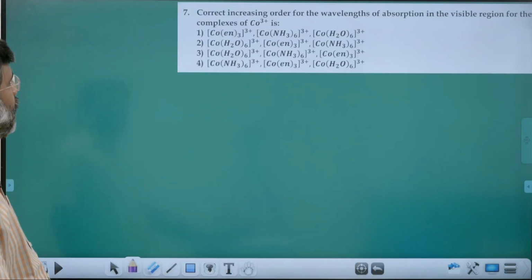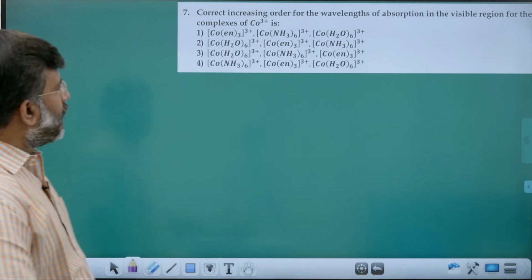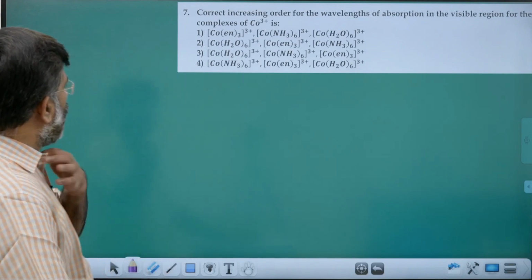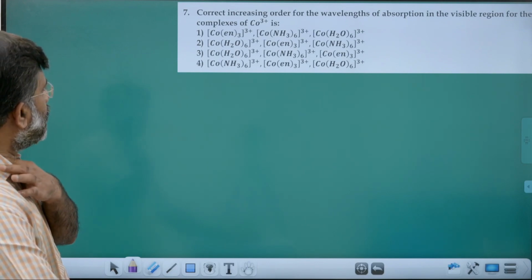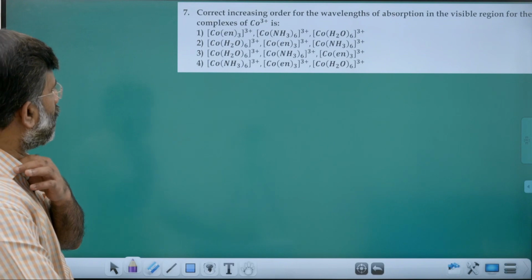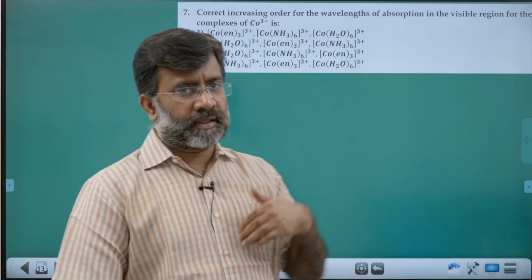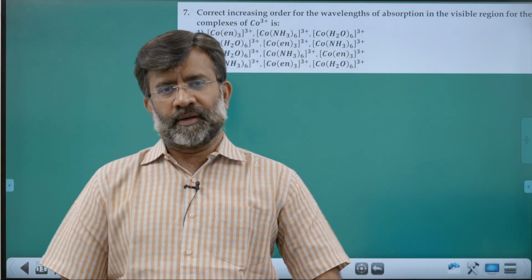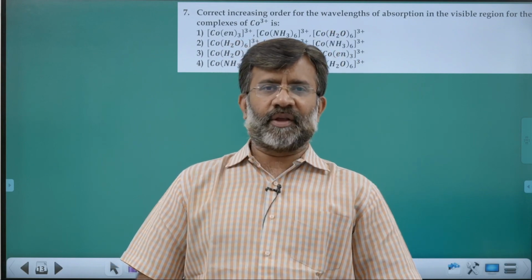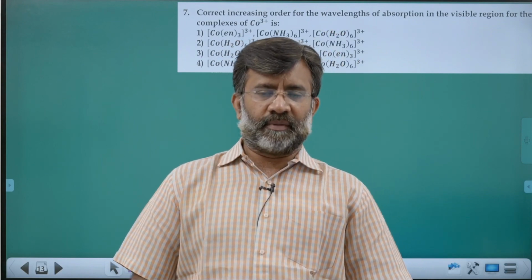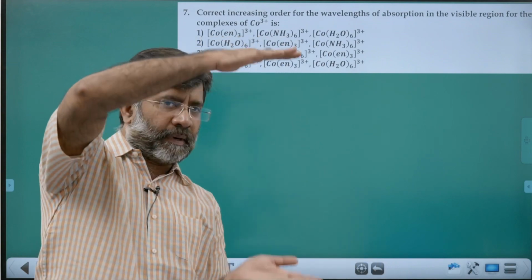Correct increasing order of wavelength of absorption in the visible region for the complex Co3+. See, correct increasing order of wavelength. Wavelength maximum means frequency minimum. Frequency minimum means t2g-eg splitting is minimum.